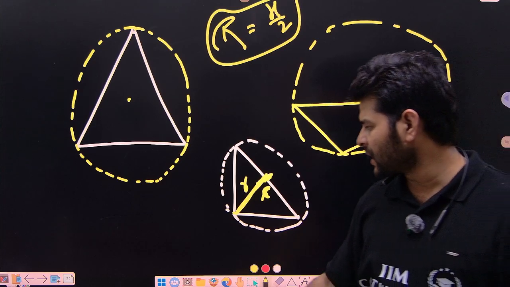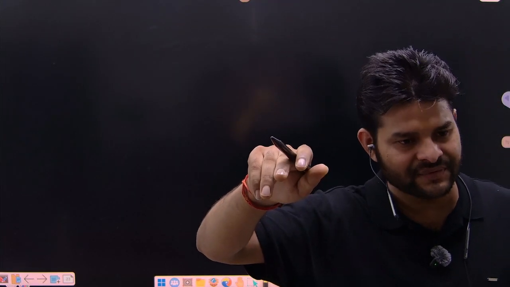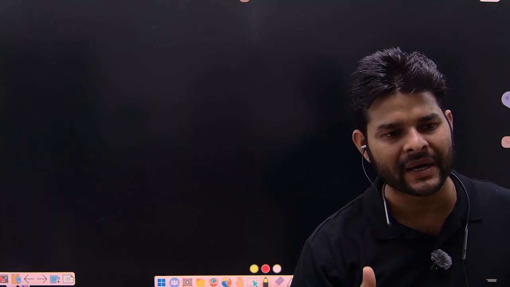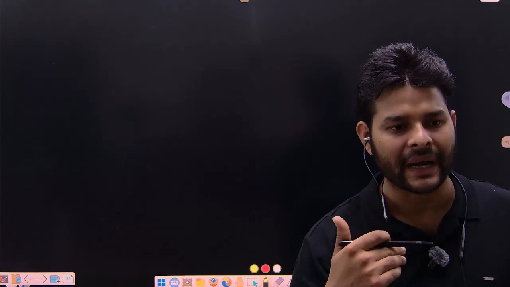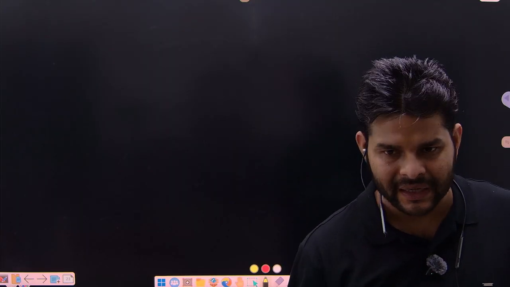And the general formula to find the circumcircle radius: over there we have seen the formula to find the incircle radius was triangle upon S, area upon semi perimeter. That was the basic formula, a universal formula that can be applied on any kind of triangle. If we have the area of the triangle and the perimeter, we can apply the formula directly.